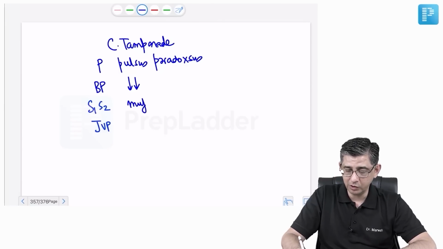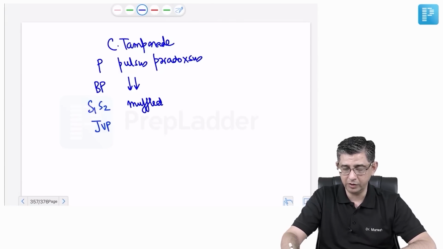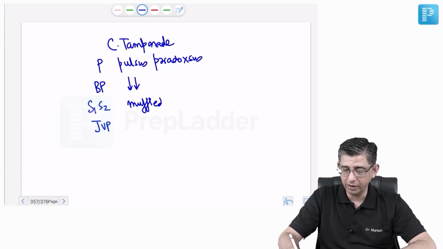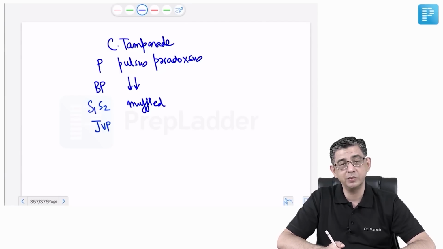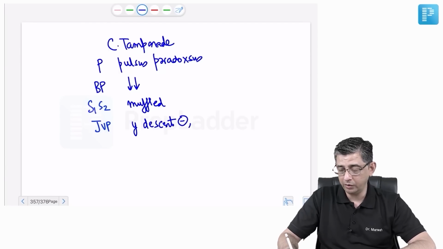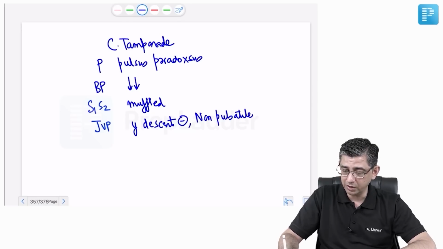They will not help in increasing the blood pressure, rather they will worsen the condition of the heart. The heart sounds in this patient will sound distant, as there is a lot of blood outside the heart, a malignant pericardial effusion of large size, so I can say muffled heart sounds. The JVP of this patient is what we discussed. The Y descent that happens in a normal person would be absent, or another way to describe this would be, because there is no fall, non-pulsatile.